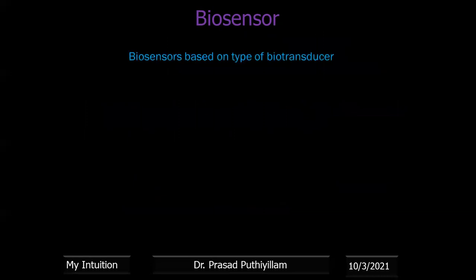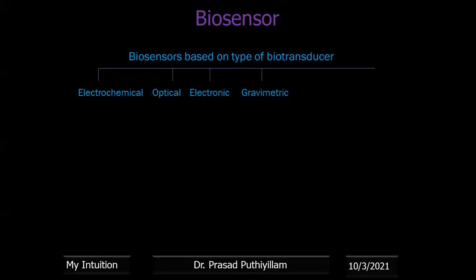Now, based on the type of biotransducers, we can classify biosensors as electrochemical biosensors, optical biosensors, electronic biosensors, gravimetric biosensors, pyroelectric, as well as piezoelectric. Electrochemical, we already know, combines the concept of chemistry as well as electron movement. Optical is related to light, electronic is electrons, gravimetric is based on gravitational force.